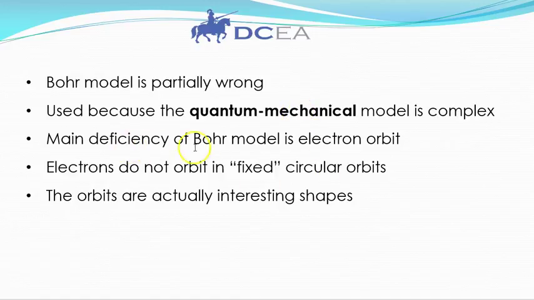The main deficiency of the Bohr model is its electron orbit. The electrons, in actuality, do not orbit in fixed circular orbits. The orbits are actually interesting shapes, and that gets into just too much depth for us to demonstrate here.